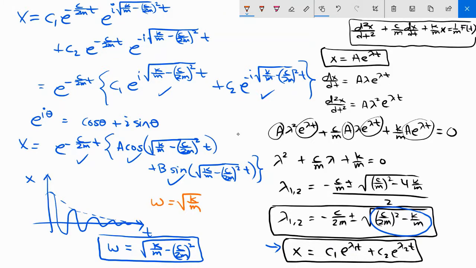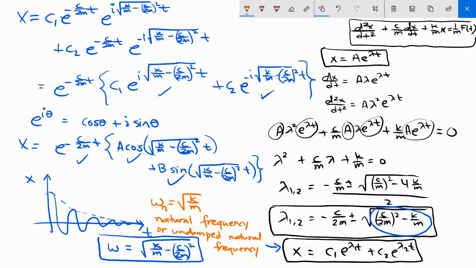So this omega equals square root of k over m, which we obtain for frequency if c equals 0, is known as natural frequency or undamped natural frequency. Now we need to note this because later on this is going to be useful to us.